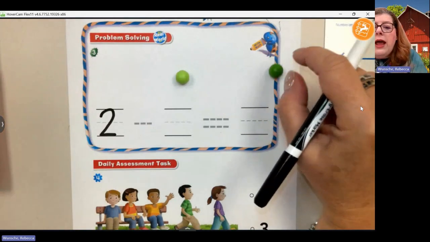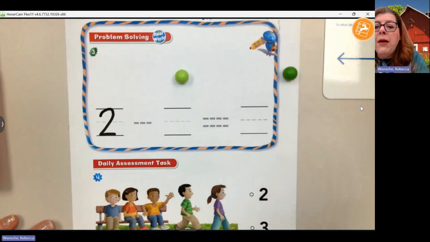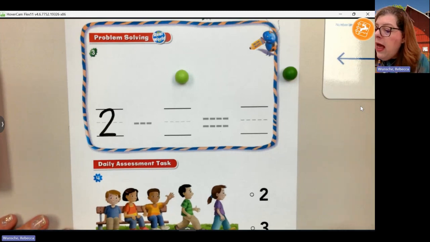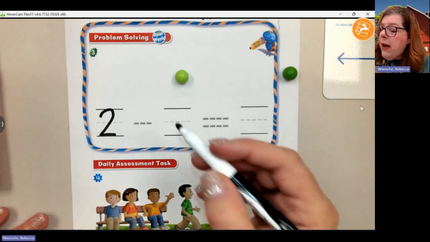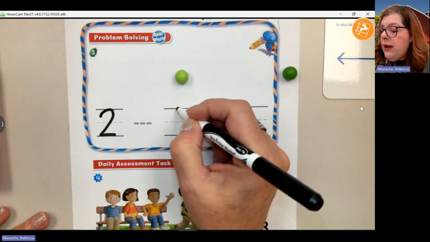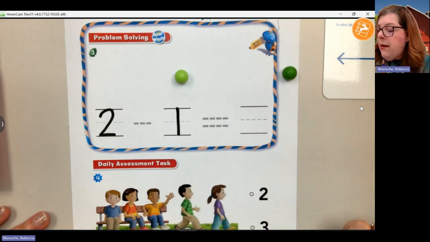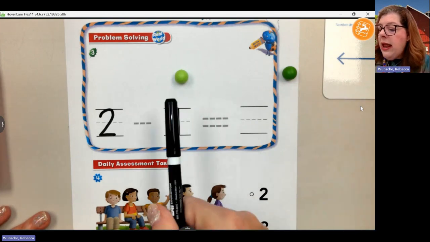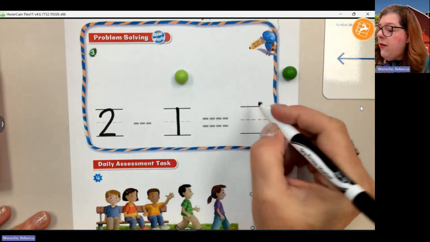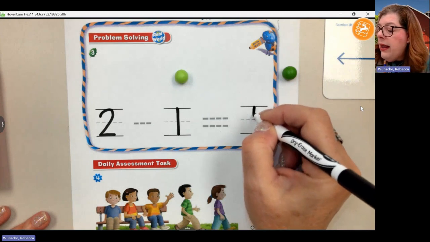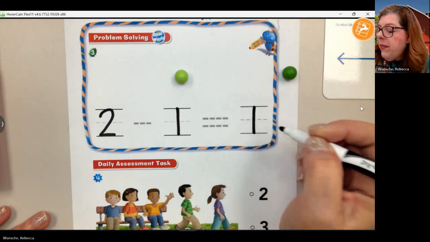So I'm going to put it way over here out of my problem where it's gone to my friend. How many marbles did I move out of my problem? Just 1. So a nice tall line to show the 1 I moved out of my problem to give it to my friend. And how many marbles do I have left for me? I have 1 left for me.